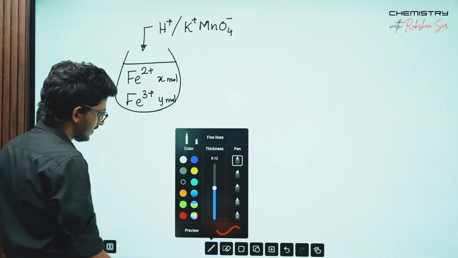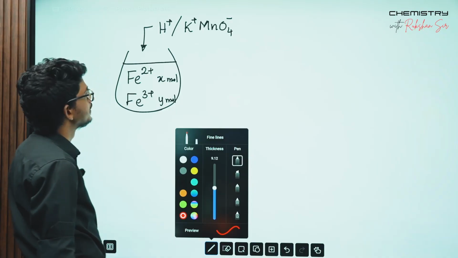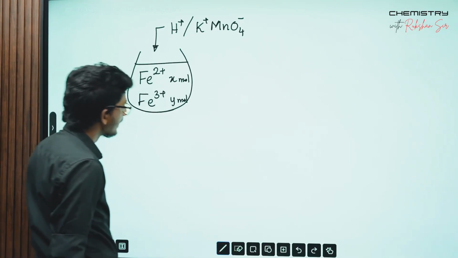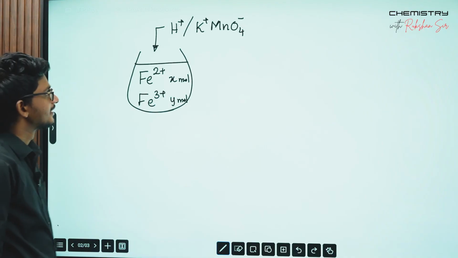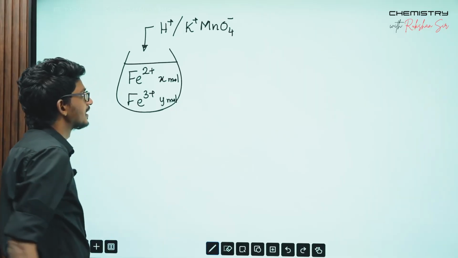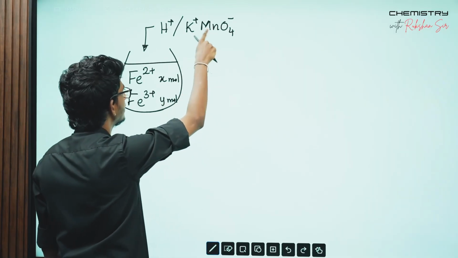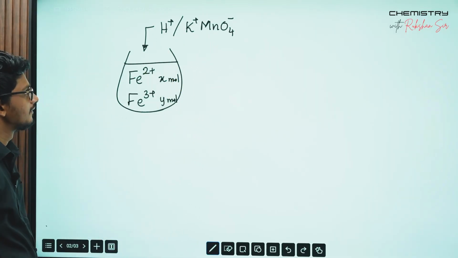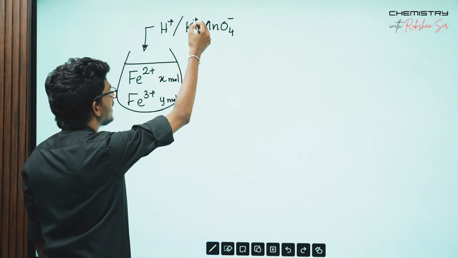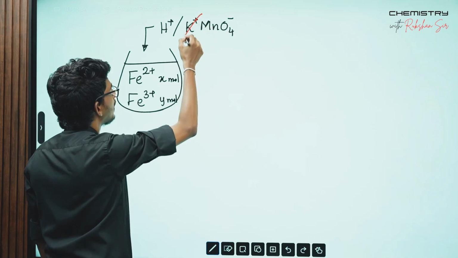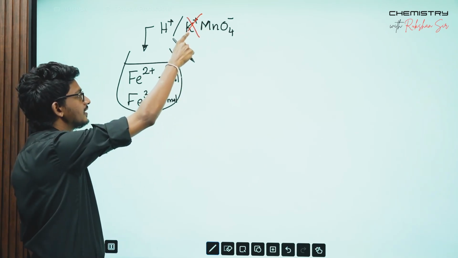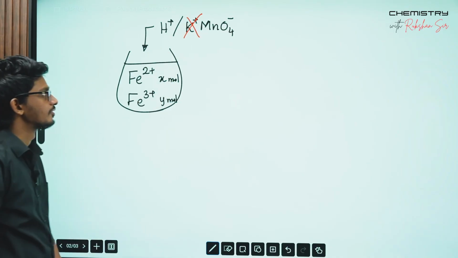The idea is this. First of all, think of the foreign reagent you are adding to the flask. The K+ as an s-block ion won't participate in any kind of redox reaction.